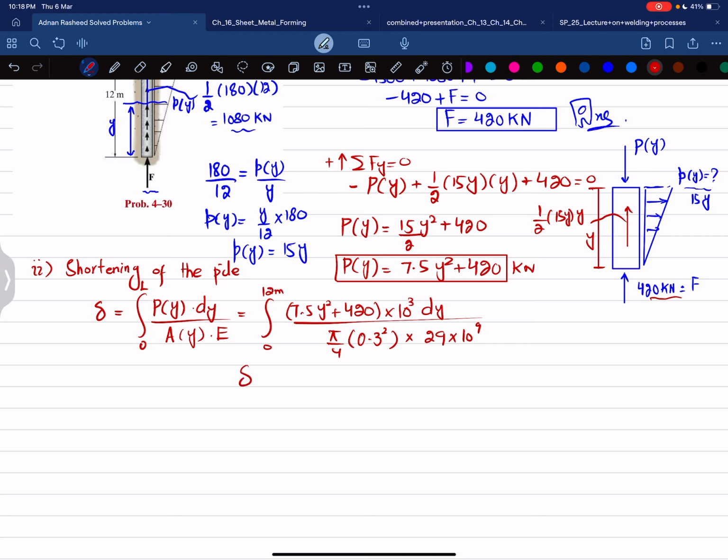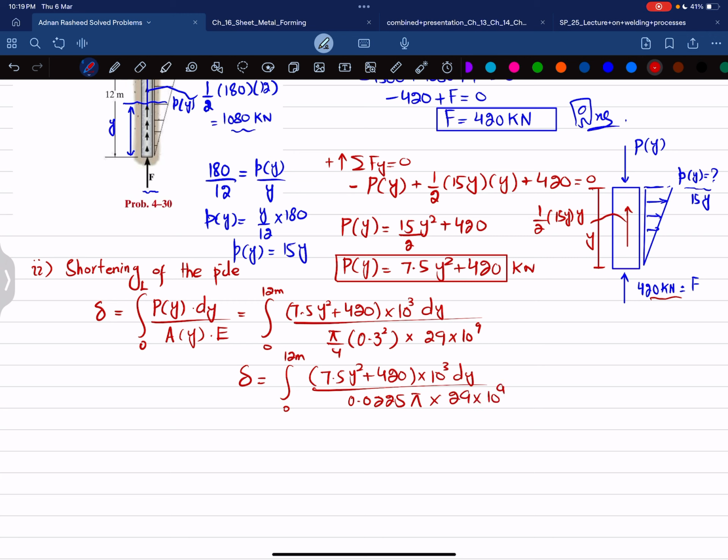Okay. So this change in length is equal to integral from 0 to 12 meter of 7.5 y square plus 420 into 10 raised to power 3 times dy, divided by this area, which will give you 0.0225 times pi multiplied by 29 into 10 raised to power 9.